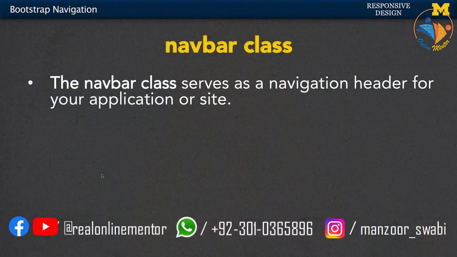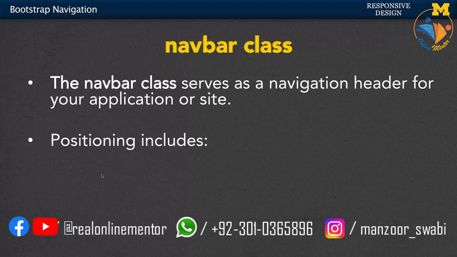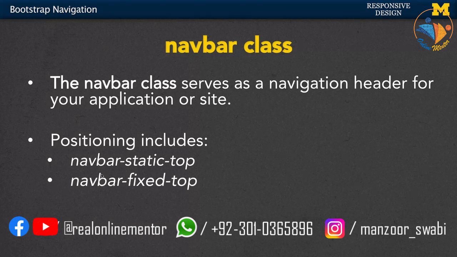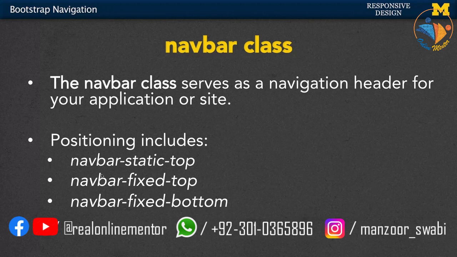The last class I'm going to talk to you about with respect to navigation right now is the navbar class. What it does is it kind of serves as a navigation header for either just that one part or your entire site. When you use navbar, the positioning is very important. You can have navbar static on the top, navbar fixed to the top, or navbar fixed to the bottom.